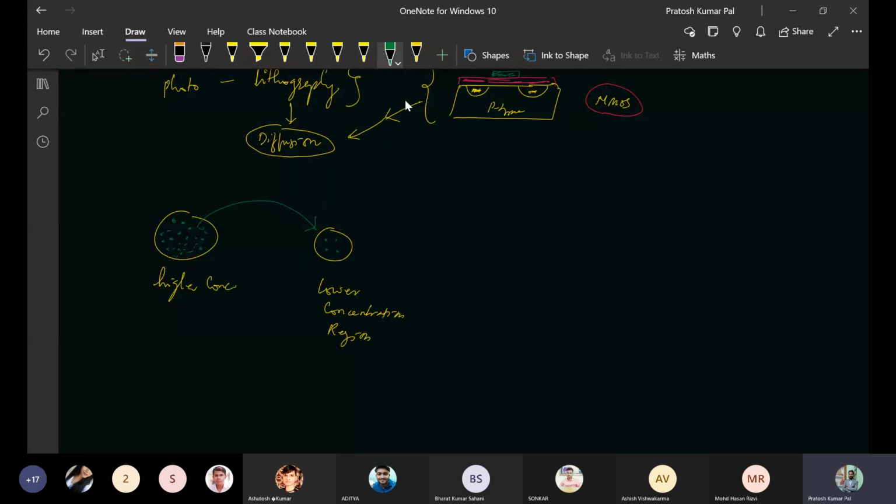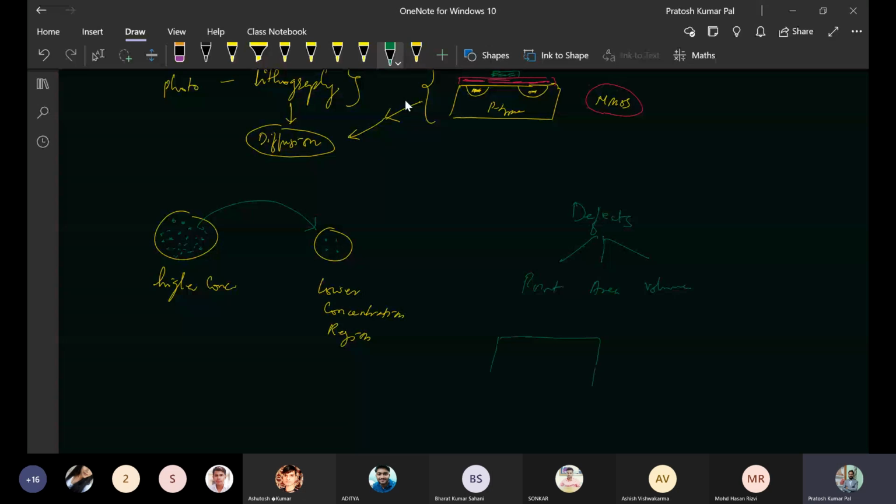In the crystals or wafers that we have fabricated, we have seen different types of defects: point defect, area and volume defect. With respect to these defects, there will be some space available in the crystal.